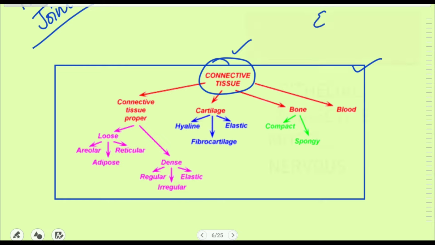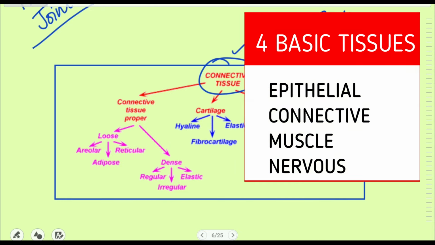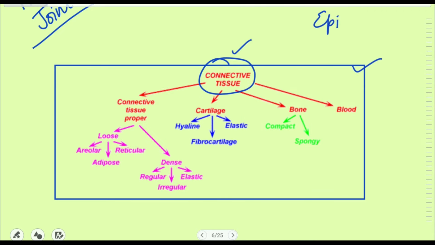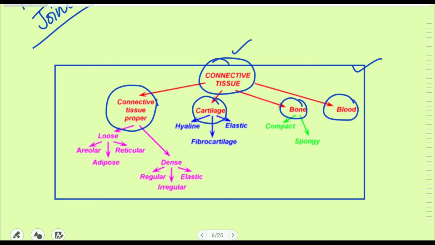Four basic tissues are the epithelial tissue, the connective tissue, the muscle tissue, and the nervous tissue. This is classification of the connective tissue. Connective tissue proper, connective tissue special, which has got cartilage, which has got bone, and which has got the blood. Connective tissue proper can be loose connective tissue, can be dense connective tissue, and in the dense connective tissue you can see that we've got elastic, irregular, and regular connective tissue.